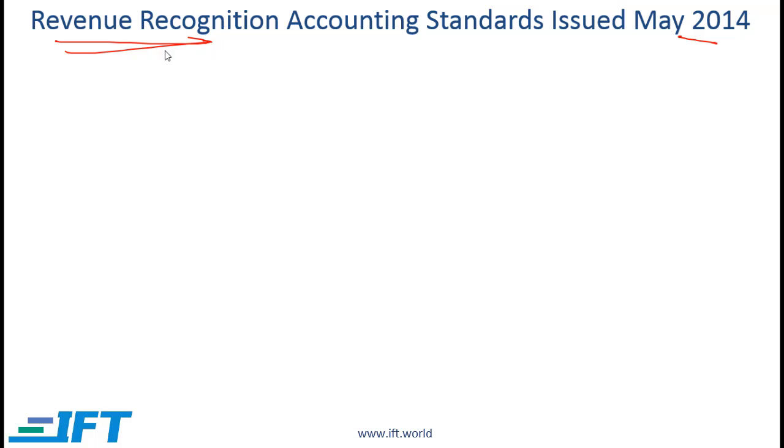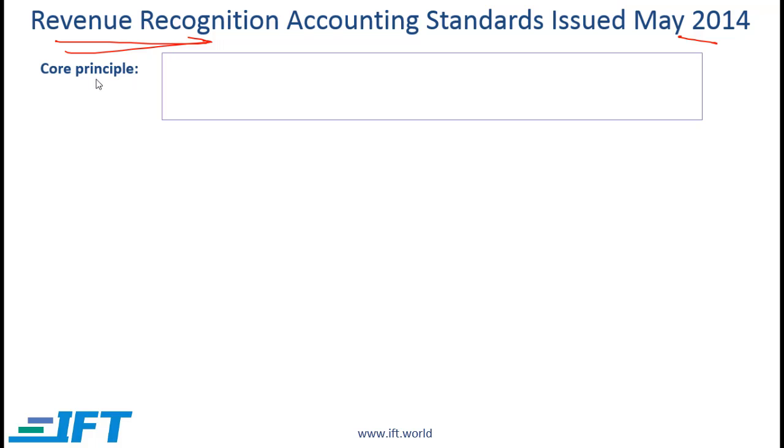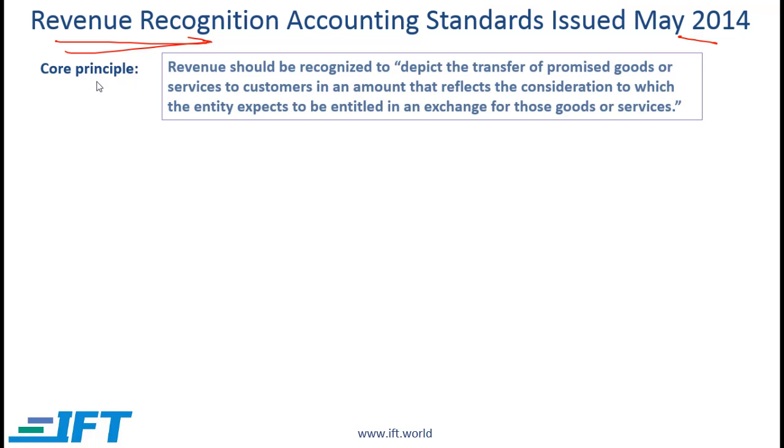Under IFRS, these new standards take effect for periods starting 1st January 2018, and under US GAAP, the date is 15th December 2017. First, let's understand the core principle of the converged standard.